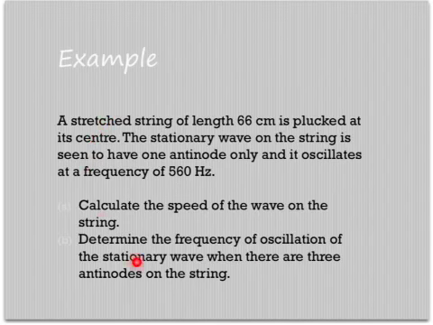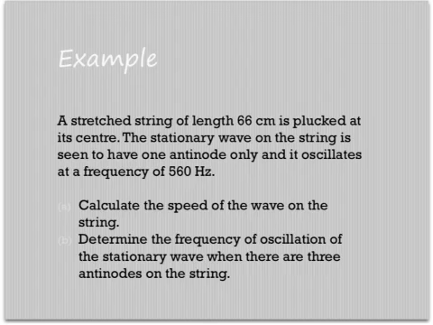Here is an example you can try. It says here a stretched string of length 66 centimeters is plucked at its center. The stationary wave on the string is seen to have one antinode only. That means the fundamental frequency is displayed, and it oscillates at a frequency of 560 Hz, which is the fundamental frequency.